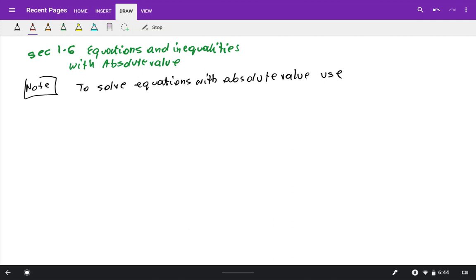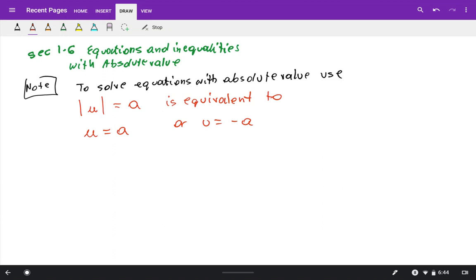So this is what you're going to use. Absolute value of expression, I call it U, equal A. This is equivalent to that U is equal A or U is equal negative A.